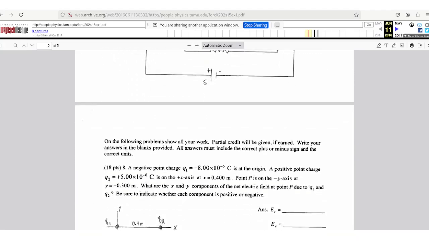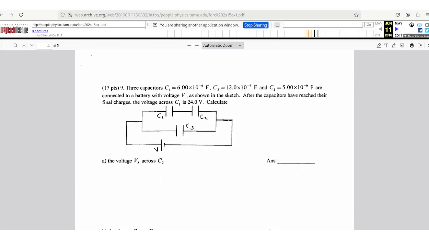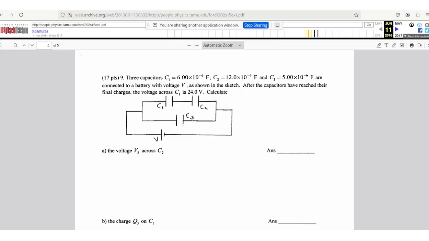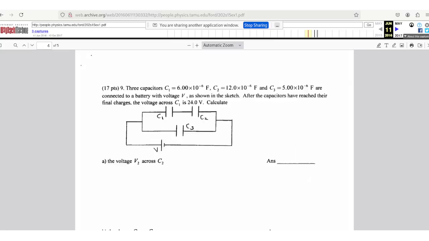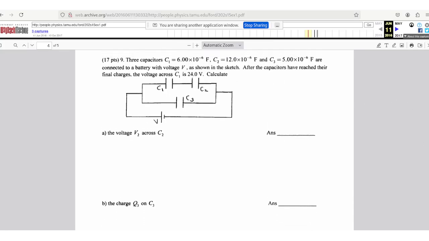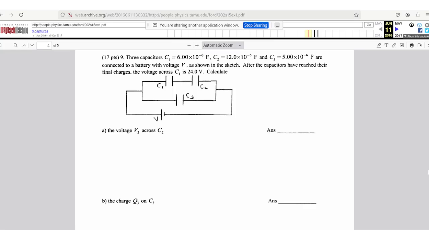Alright. Oh, let's grab this guy. I like this one. Let's start here. Nope, don't do that. Print screen, there we go.